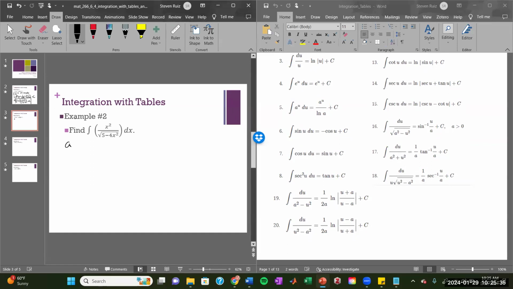So what's a good A and what's a good U if we're going to try 16? A is square root of 5 and U is 2x, which means the du would be 2dx. How do we feel about 16 now?